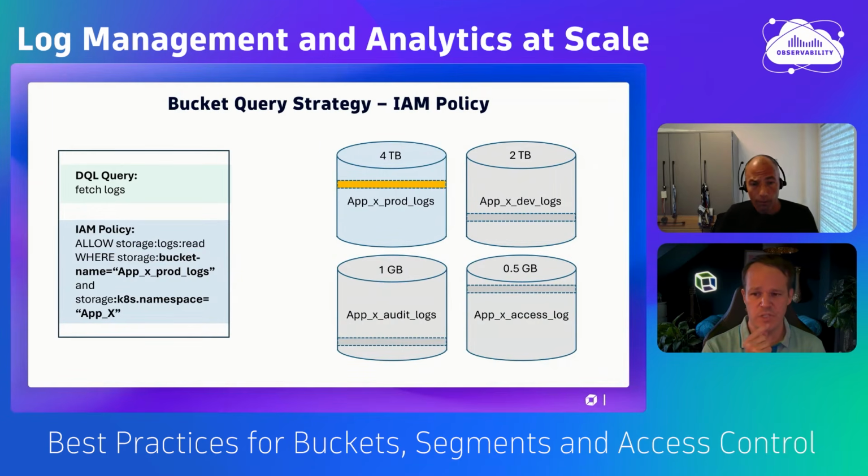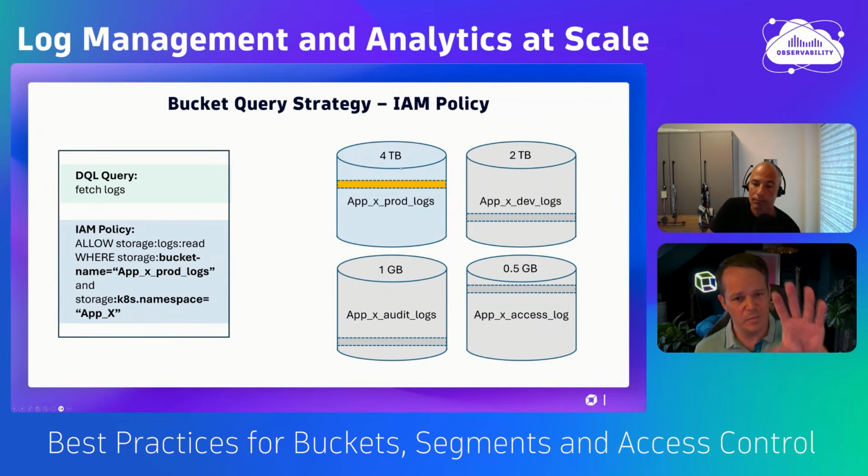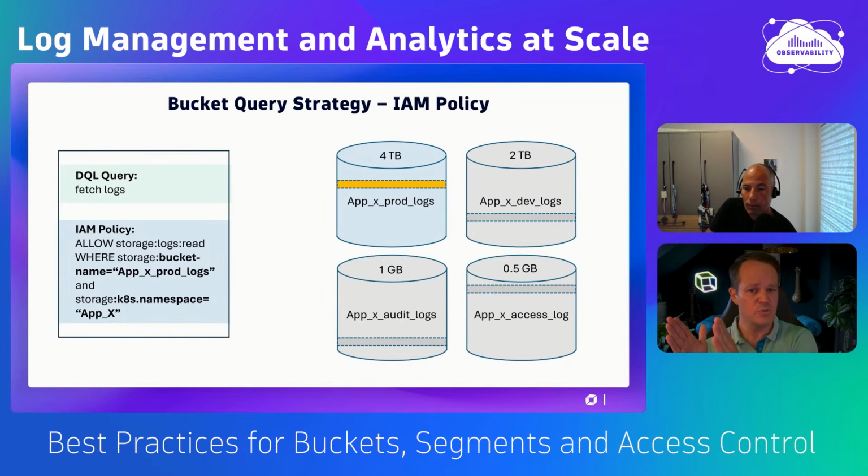But the other option is to add an identity and access management policy if you know that you always want these teams to access a specific bucket. Then you can also preset this filter to storage.k8s.namespace equal AppX. So I'm limiting it on a bucket level and then limiting it to the Kubernetes namespace. This way, individual users or user groups can only access this without adding the segment manually.